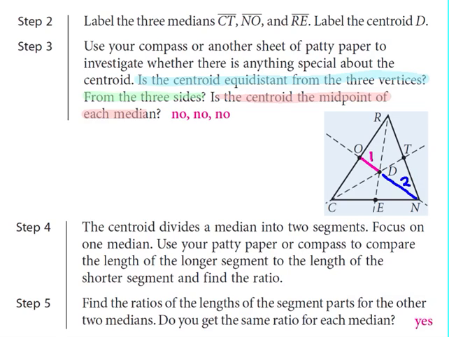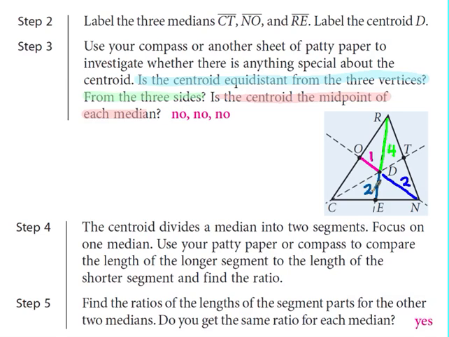If I knew this long segment is 4 inches, what would this one right here have to be? 2. You're going to utilize that information on today's homework.